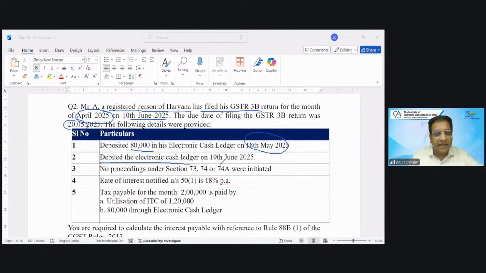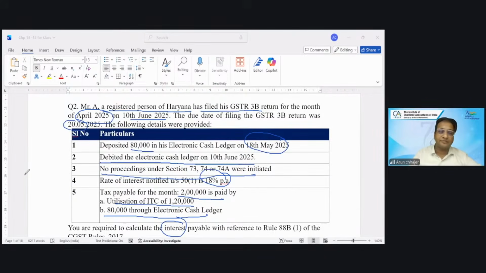Debited the electronic cash ledger on 10th June. No proceeding under 73, 74, 74A was initiated. Rate of interest is 18%. Tax payable is 2 lakh, paid by utilizing ITC 120 and 80 through cash ledger. You are required to calculate the interest.